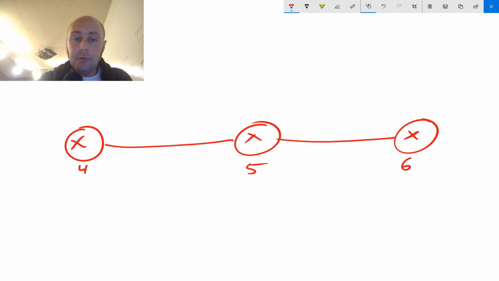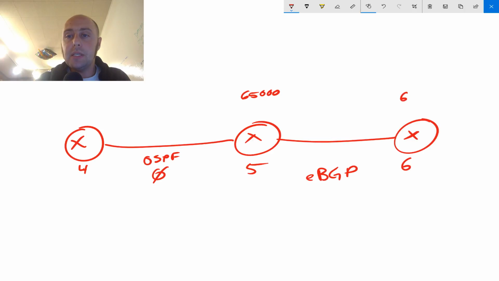In between routers 4 and 5, we're going to run OSPF, and that's going to be area 0. Between 5 and 6, we're going to be running eBGP, and this is going to be autonomous system 65,000 and 65,535.